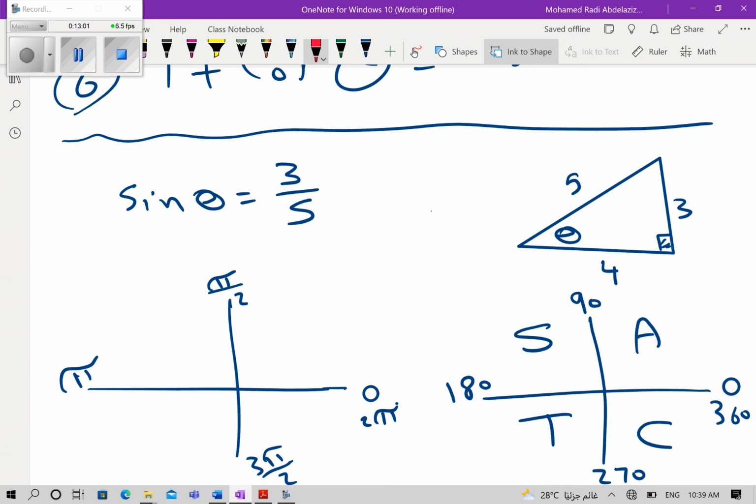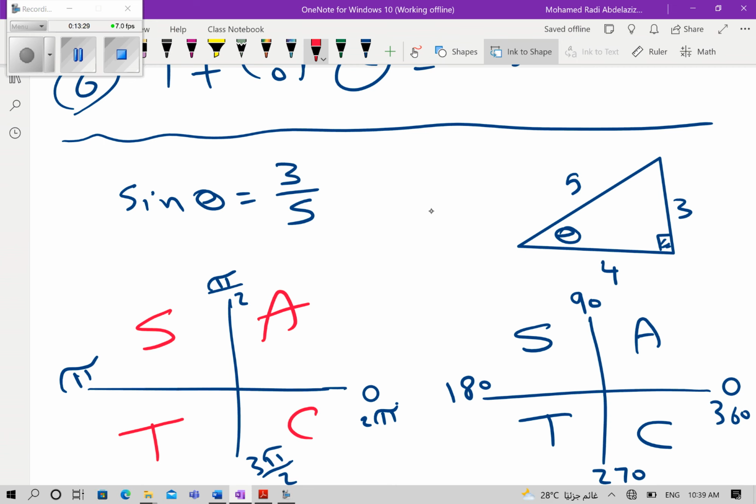The first quadrant, all are positive. Second quadrant, sine and its reciprocal. What is the reciprocal of sine? Cosec. So sine and cosec are positive in the second quadrant. Then tan and its reciprocal, and cosine and its reciprocal.